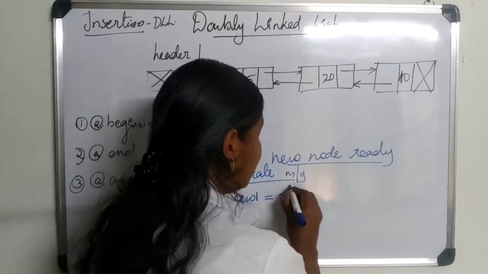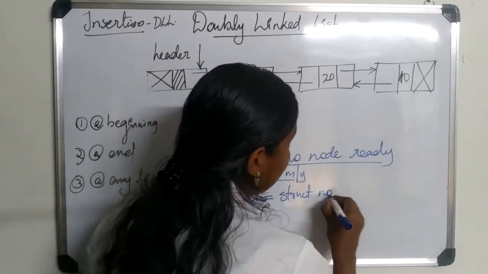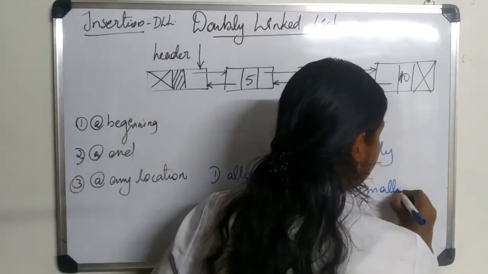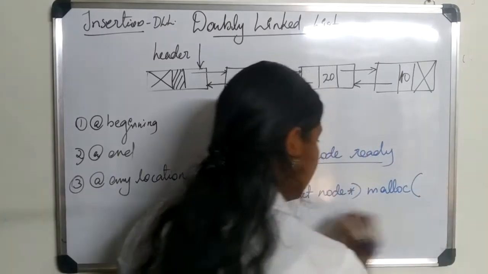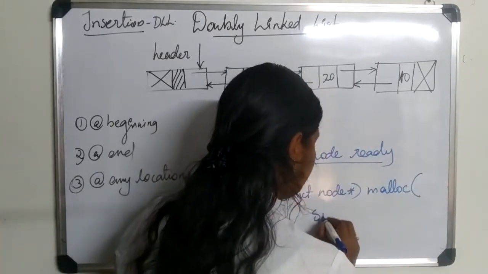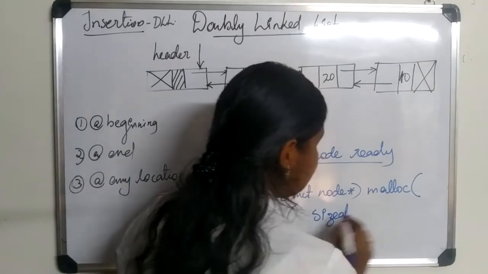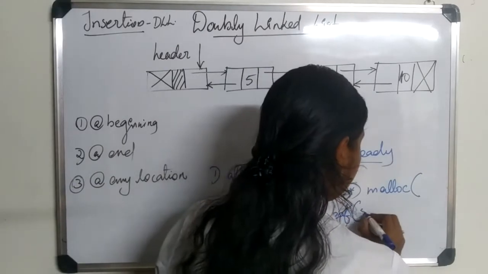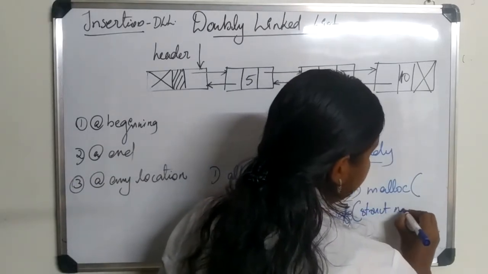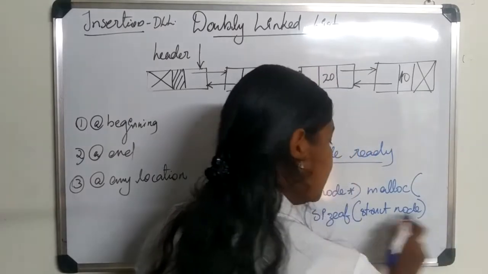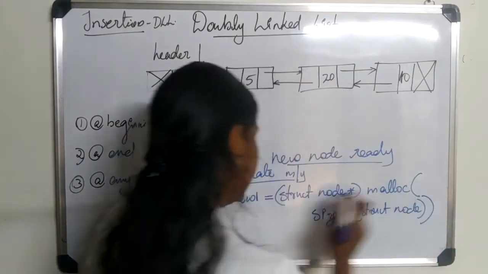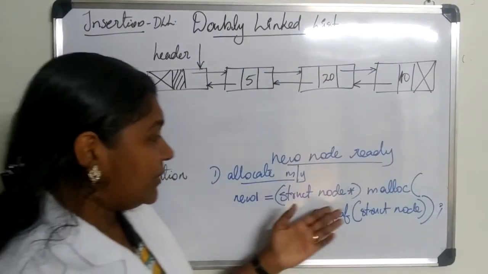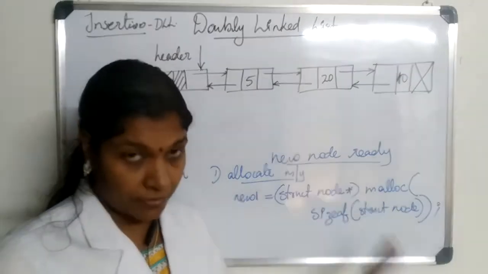So new one is equal to struct node star malloc of sizeof. I'm writing sizeof as a single word because it's a default library function. Sizeof struct node. Then I close this bracket, then the next bracket, and that's it. So this is the line for allocating memory for the new node. It's the same as that of our single linked list.